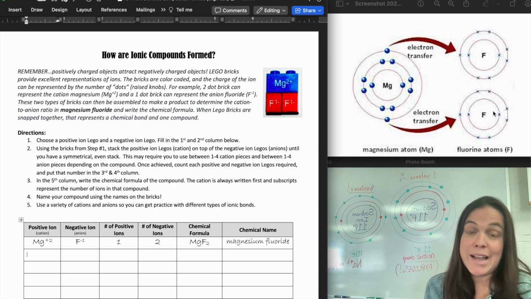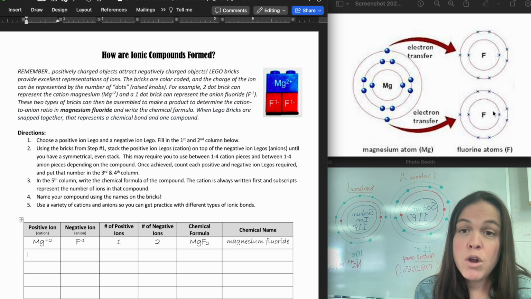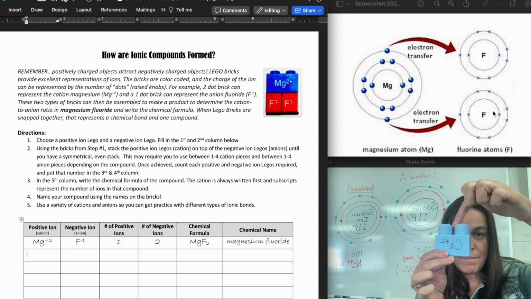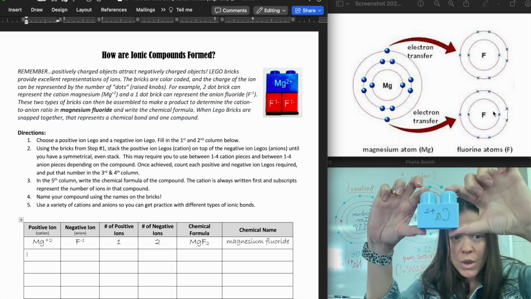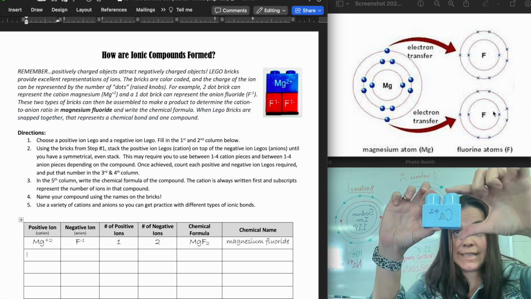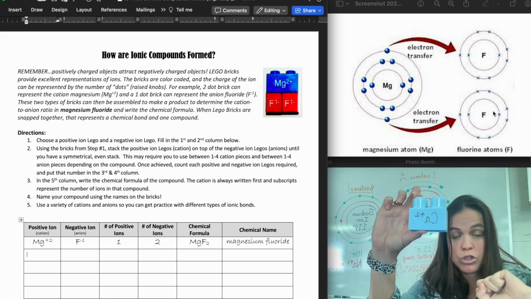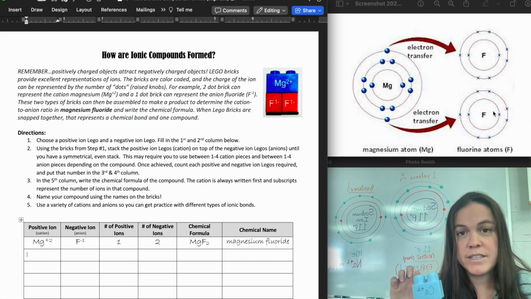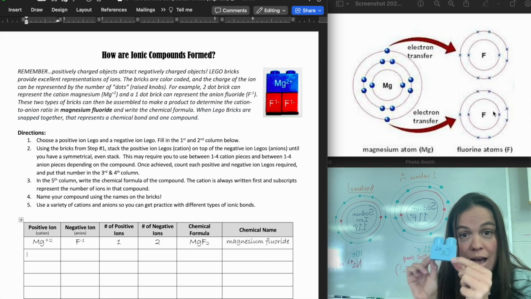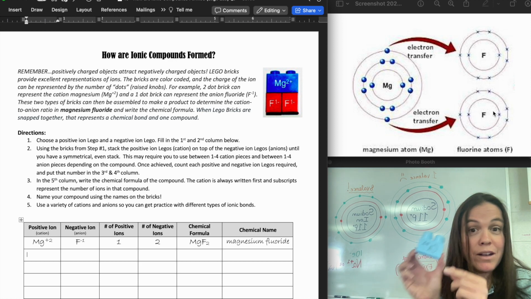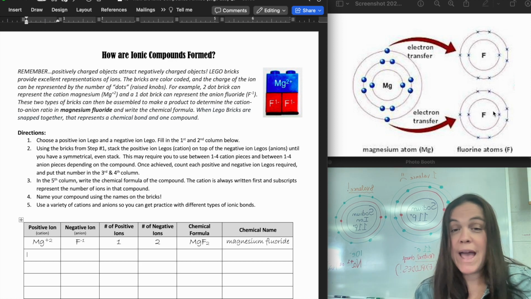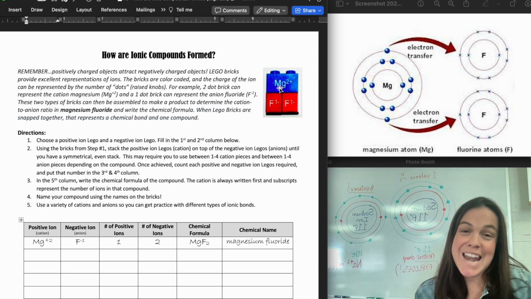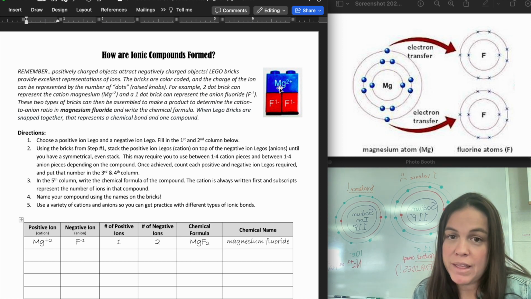We're going to use these Lego bricks to help us to determine ratios. You see, the Lego bricks have these raised knobs on them. In this case, this is calcium, which is a lot like magnesium. It has a positive 2 charge, and it got that because it lost 2 valence electrons to become a calcium ion. Now, a calcium ion or a magnesium ion is looking to find a negatively charged ion to pair up with.